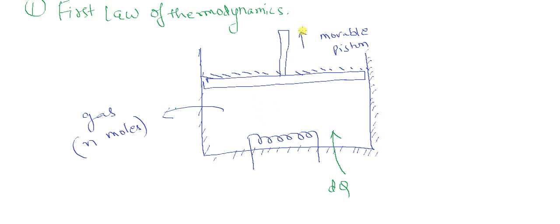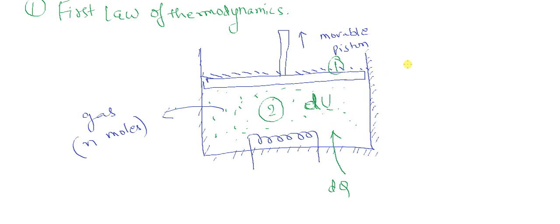First, either the piston will move up, and the second thing is that the temperature of the gas present here will increase. Only these two things can happen here. So let that change in its energy be denoted by du.